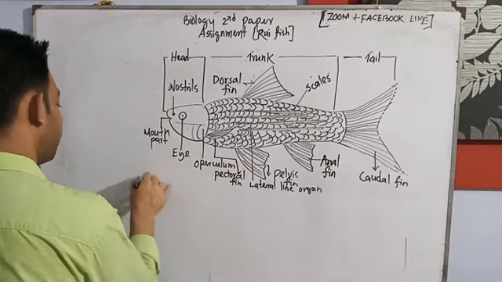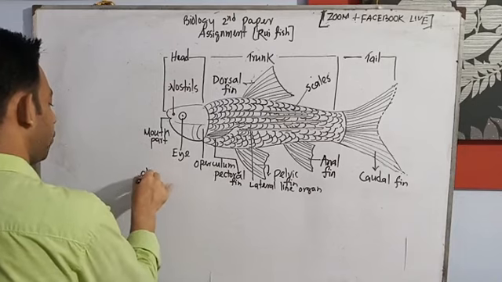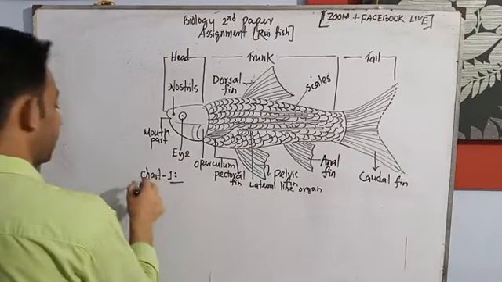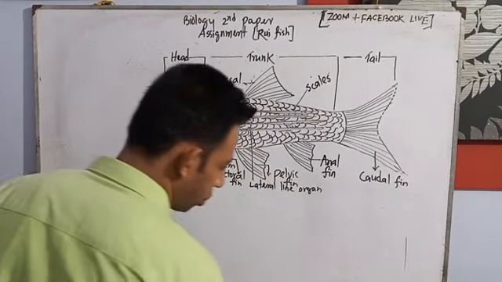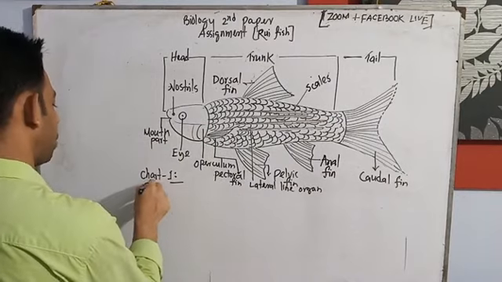Chart 1. Follow me here to draw this one. It is given in your assignment. Chart 1 is the physical structure of Rui fish.